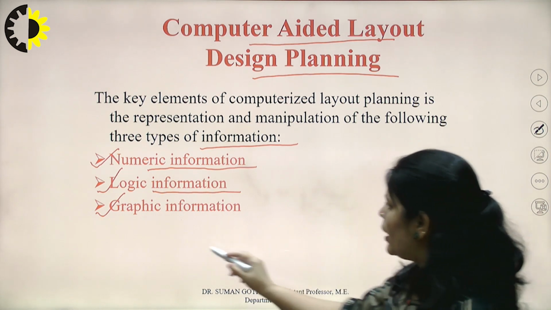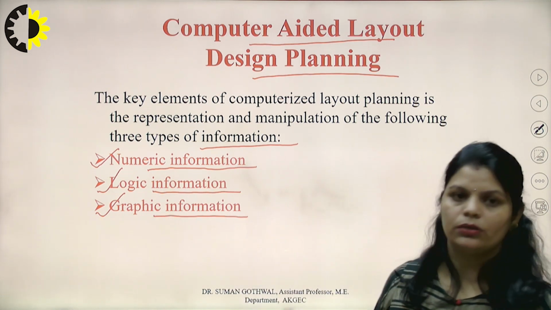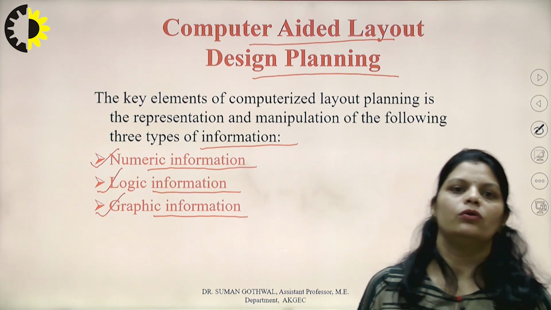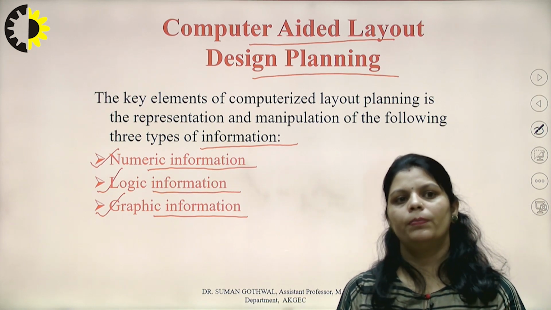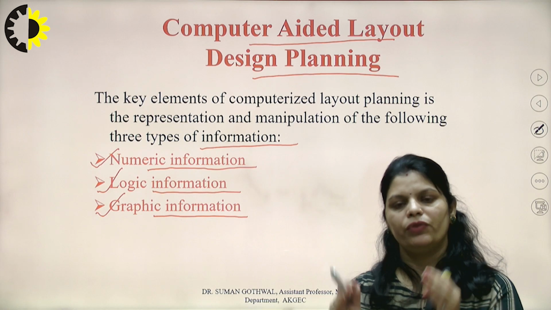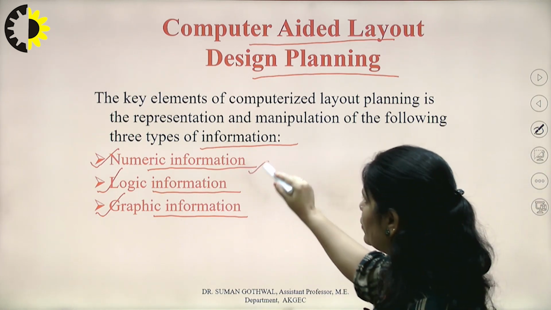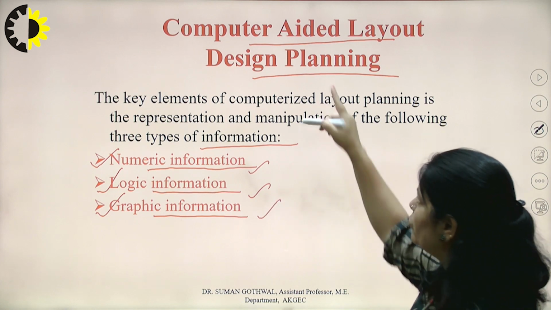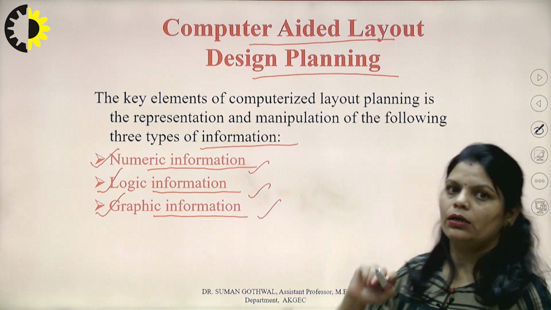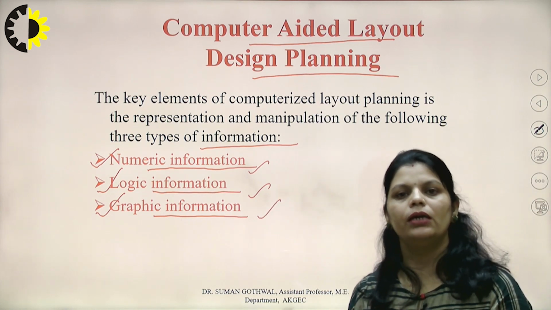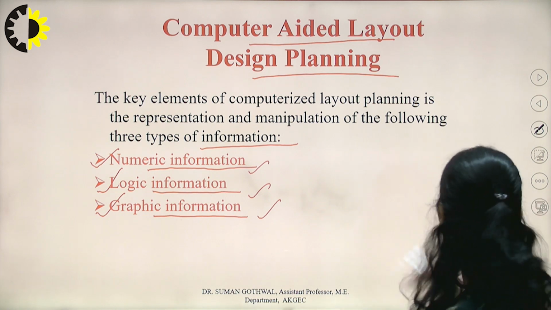For graphic information, we draw the block plan, so we have some design in this case. These three types of information are required if we want to do the design planning with the help of the computer. Clear?